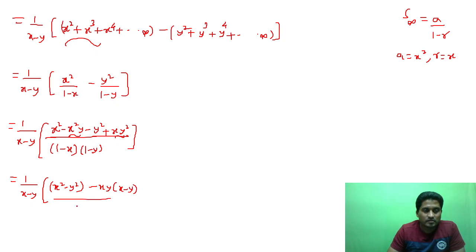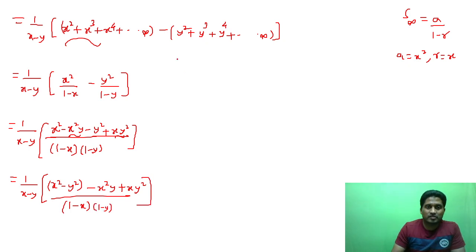Let me just group this and then take common, so it's easy to understand for you guys. So I'm going to group x square minus y square, and then minus x square into y plus x into y square, whole divided by 1 minus x into 1 minus y.